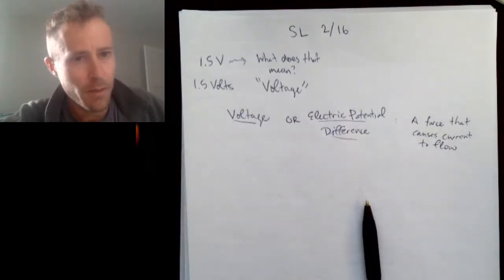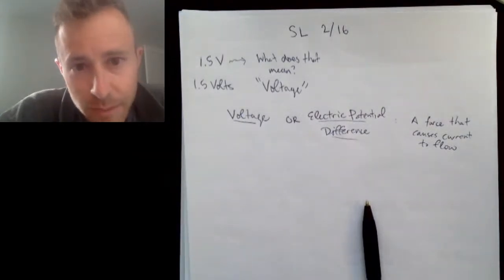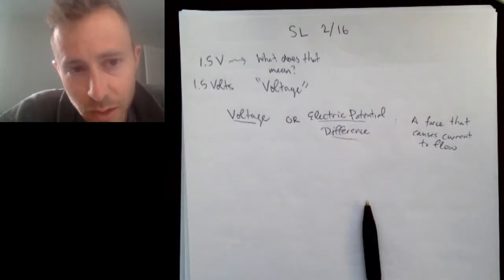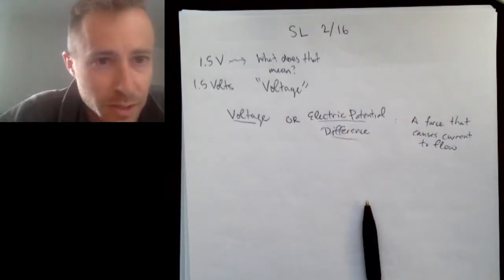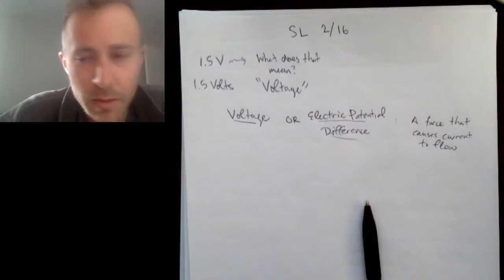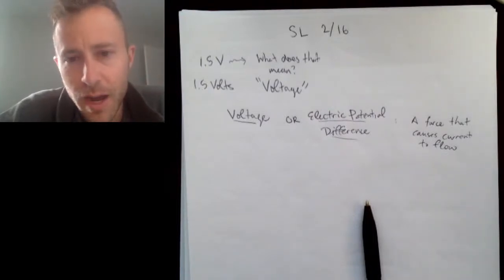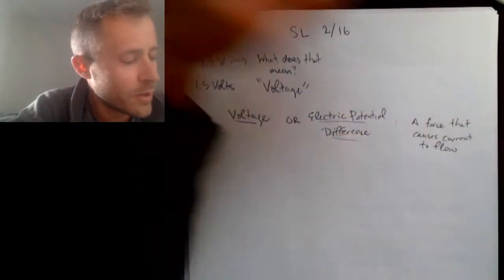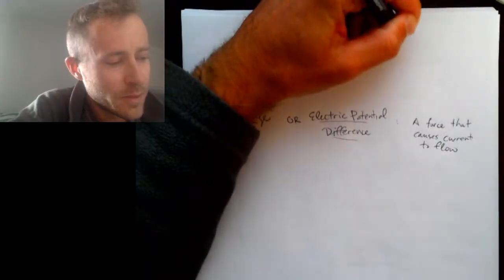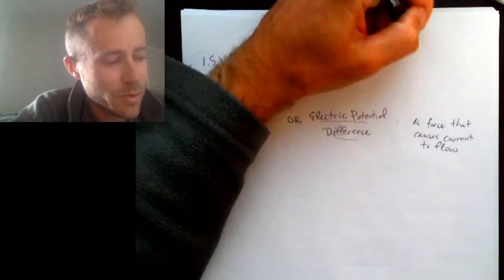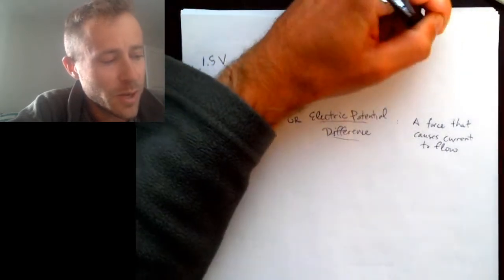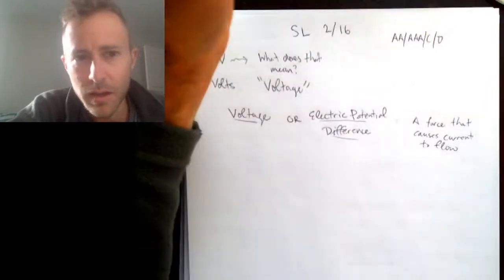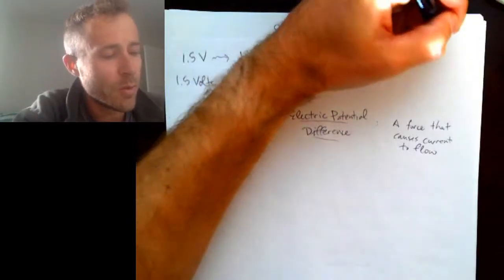If you think about it, an outlet also has a voltage in your house that's 110 volts. Okay, double A, I'll write them all down. Double A, triple A, C battery, D battery. Those are all going to be 1.5 volts.